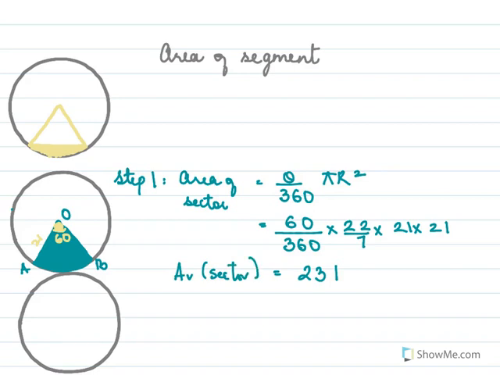Now we need to find the area of the triangle. This is triangle OAB. So step 2 is to find the area of triangle AOB. We cannot use half base into height here because the angle is not 90, but instead they have given the angle as 60. So this is 60, but we know OA equal to OB.